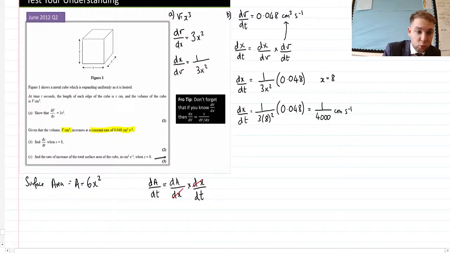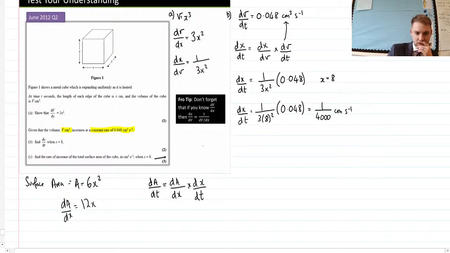That's what they're asking for, the rate of increase of the total surface area. So the first thing I'm going to have to work out is what dA by dx is. So dA by dx is equal to 12x.